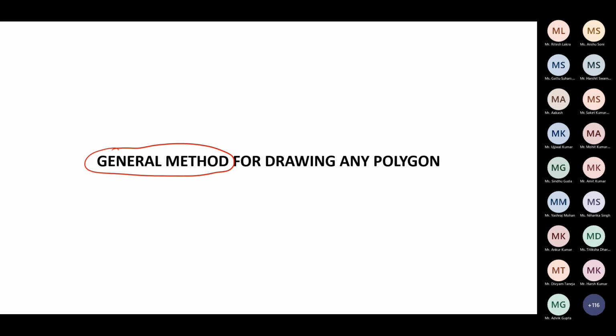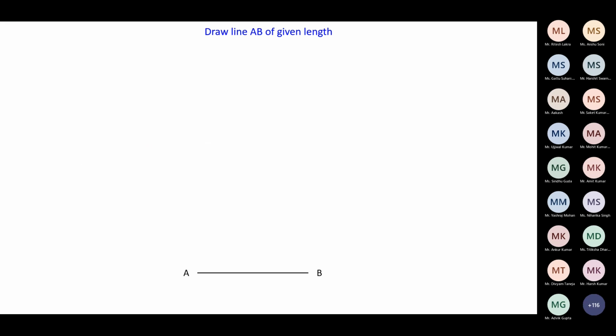Now let us see. There are a few initial steps common for all. First of all, let us imagine we have to draw a polygon of any given length. Let us assume 50 mm, just as an example.